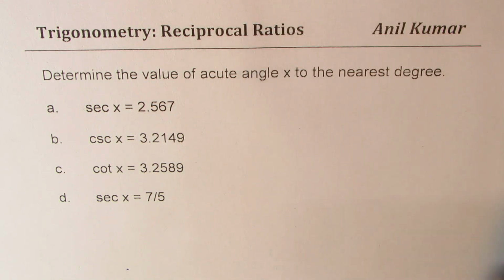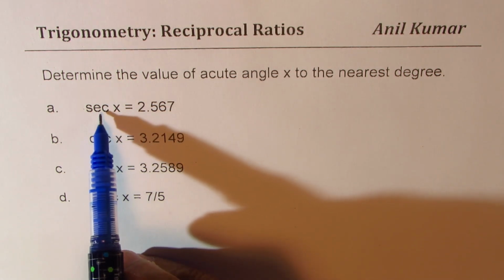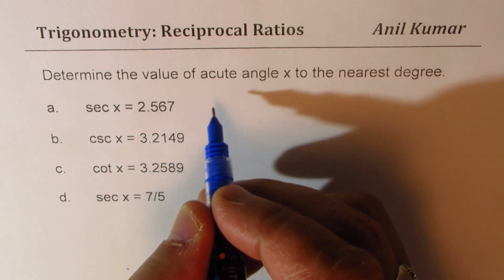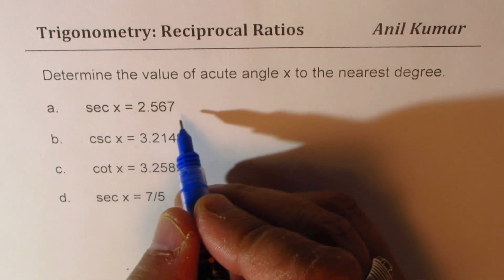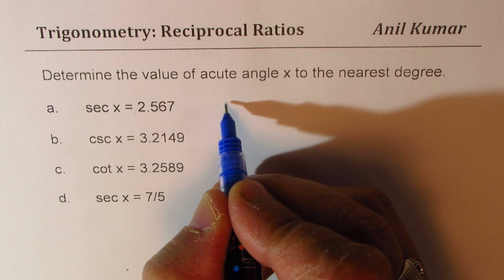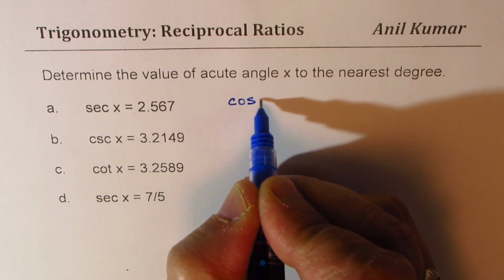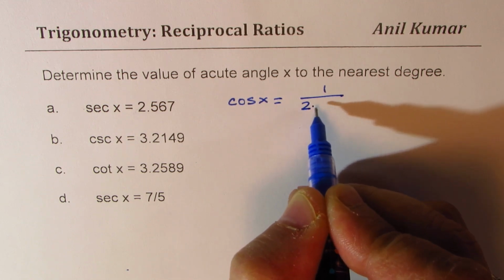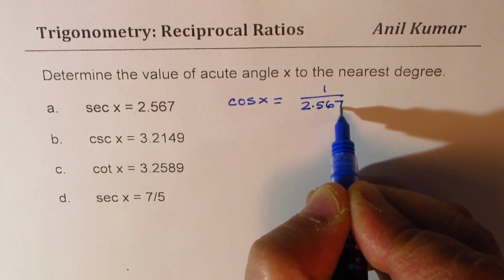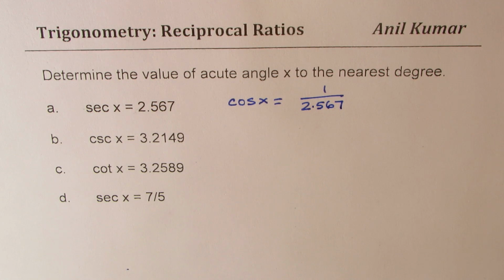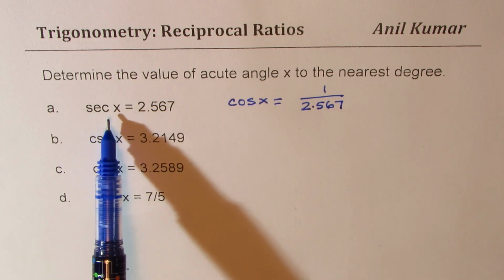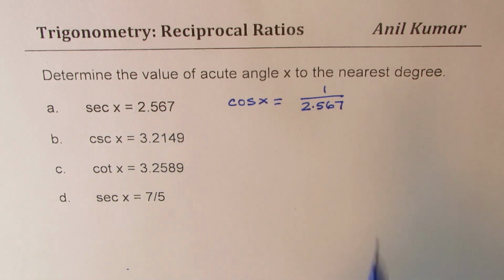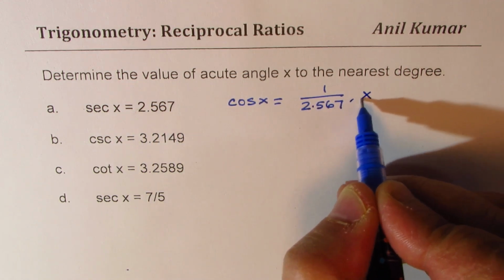Since we know that secant x is the reciprocal of cos x, we could write secant x as 1 over cos x, or cos x equals 1 over 2.567. Does that make sense? So if secant x is given to us, we can write cos x as 1 over 2.567, and then we know what x is equal to.